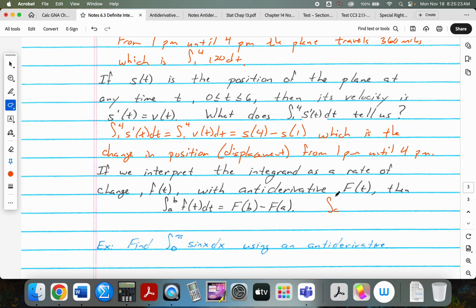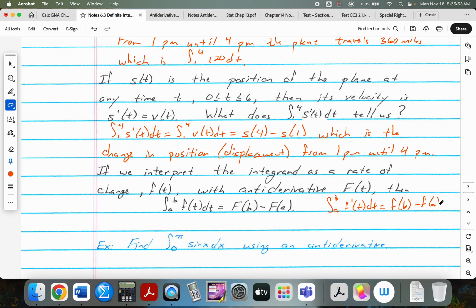The integral from a to b of f prime of t dt is f of b minus f of a. We'll get more into that in a future lesson.